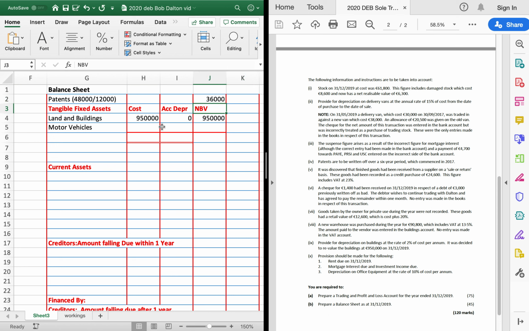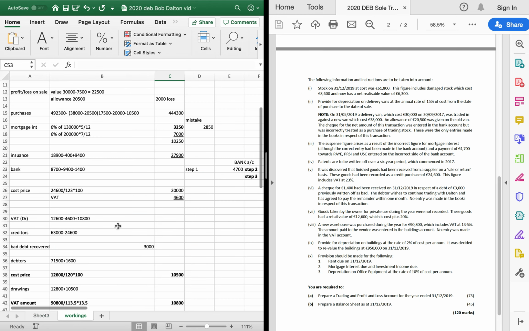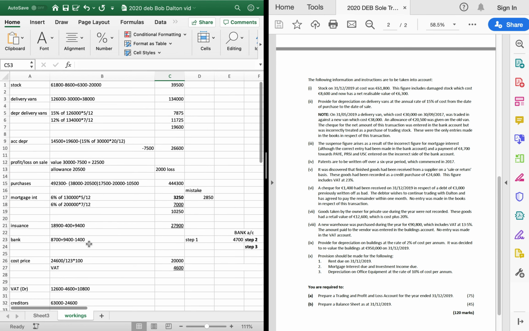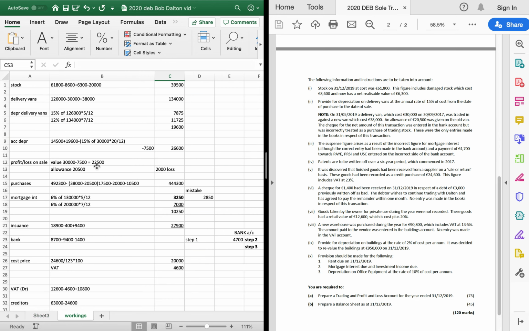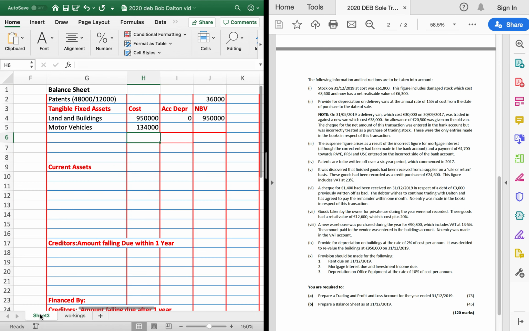You only have 3 lines in your thing. Motor vehicles, they were cost 134. Your accumulated depreciation is 26.6. So the value is one minus the other.